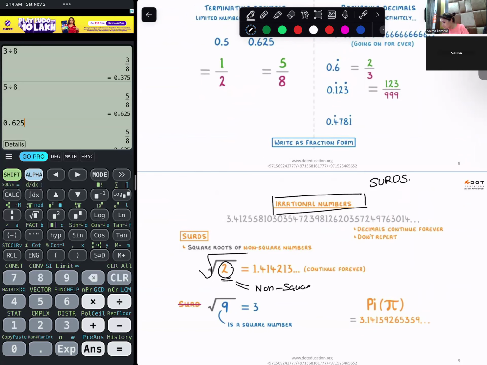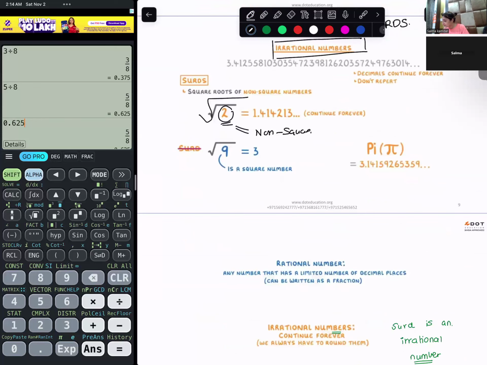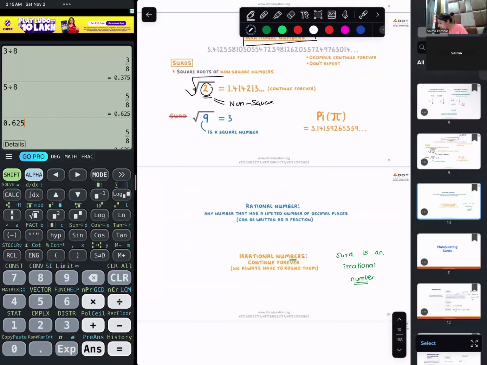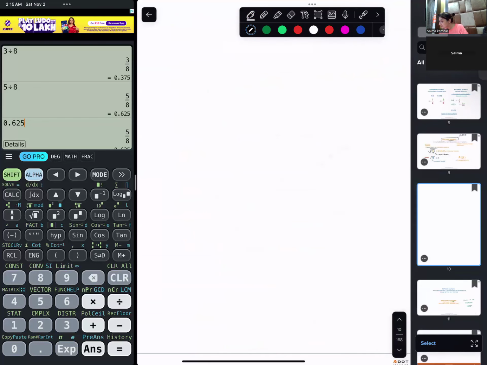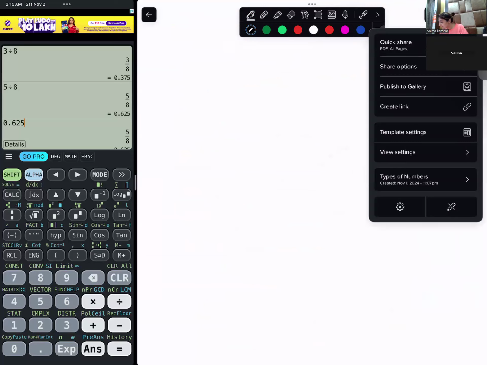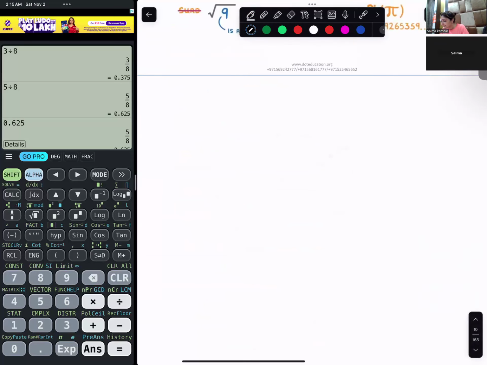So do you know what square numbers are? If you don't know what square numbers are, it is very good that you memorize them.